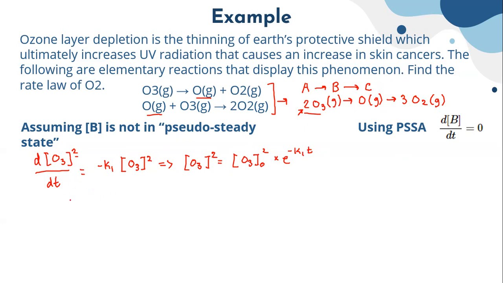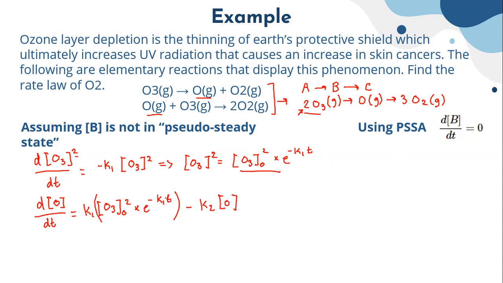And then, of course, we have to solve for B, or again, oxygen, which is equal to K1 times A, which we know A is this. And I'm going to do a big parentheses here, times e to the minus K1 T. Okay. And then minus K2 times B, and that's just oxygen here.